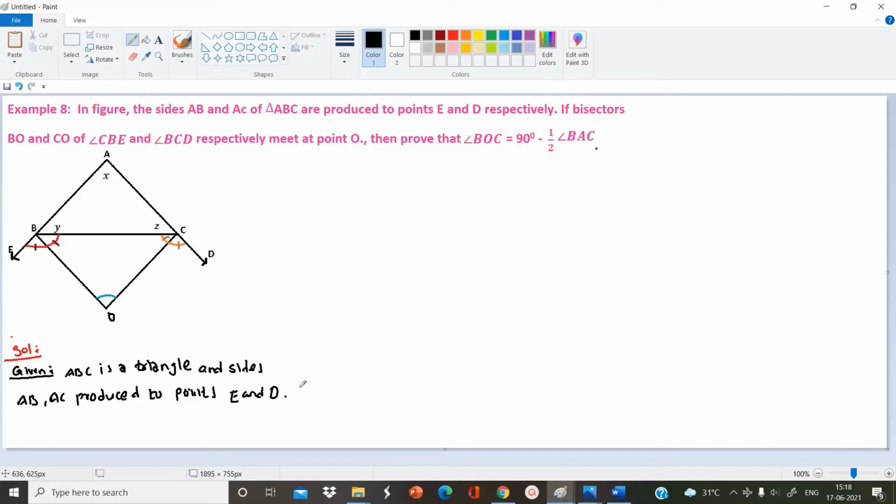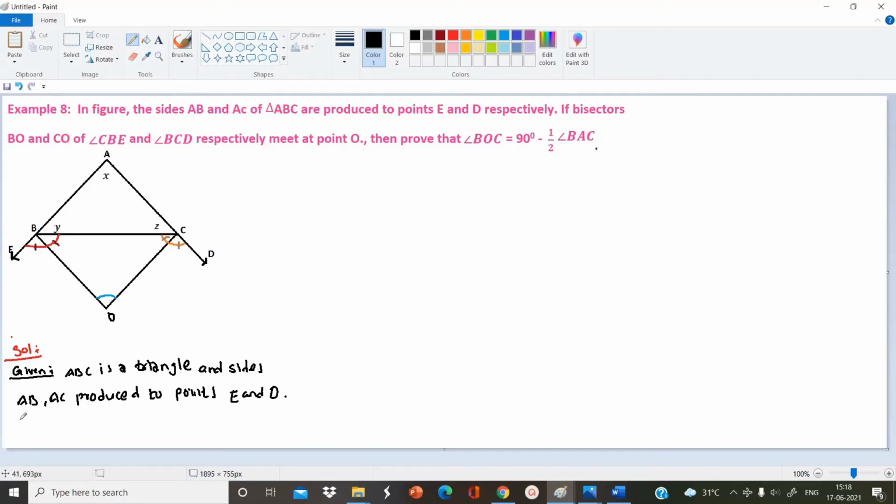This is the information given. And also one thing is given here: BO is the bisector of angle CBE and CO is the bisector of angle BCD. Write that.